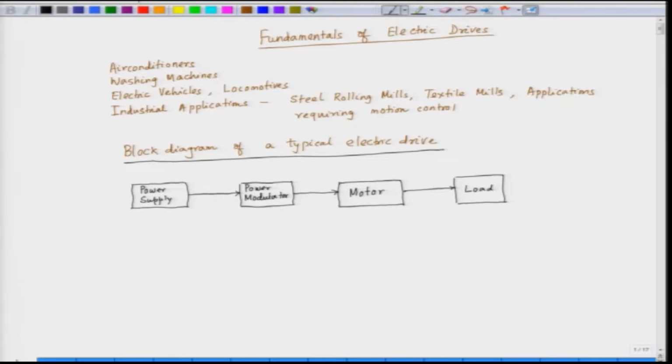And now we have to control it. It means we have to control the speed and torque of the motor. So, there has to be a closed loop feedback. We will now see the closed loop feedback in the drive system. So, we sense the various parameters here, and what we have here is a sensing unit.